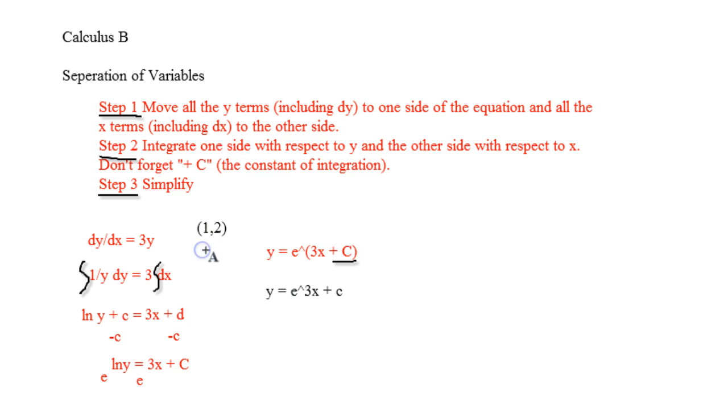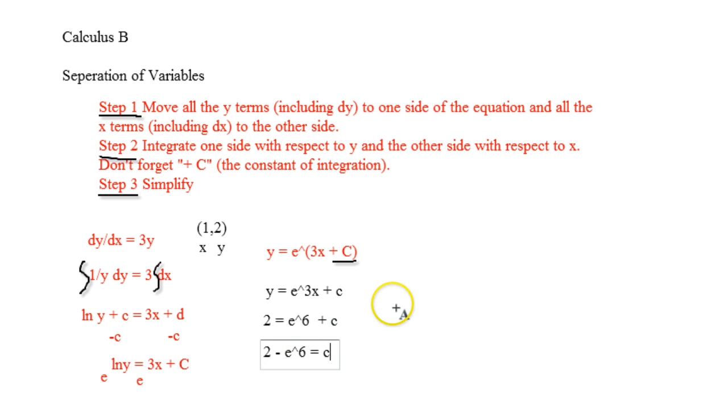So you would plug this in for x and this in for y, and solve for c. It would be 2 equals e to the 6 plus c, and then you would be able to find out what c is exactly. c would be 2 minus e to the 6.